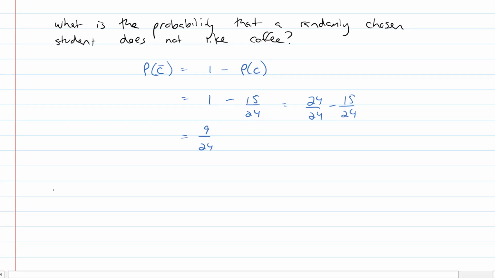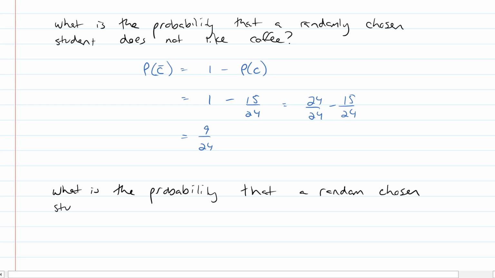One last part to this example, rather. What is the probability that a randomly chosen person, a chosen student, likes coffee or spicy food?